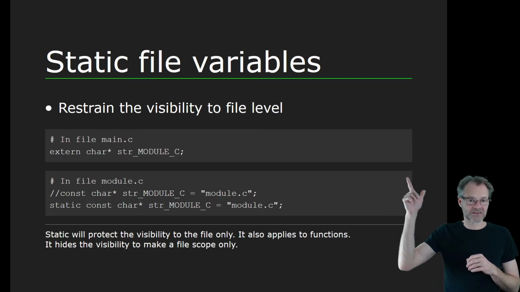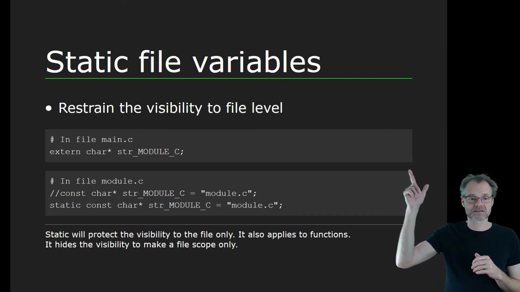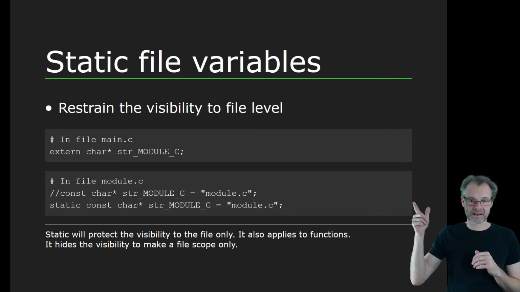Like in the last example here with the extern char string module.c, meaning that this is defined somewhere, but then I change my const char string and put a static in front of it.